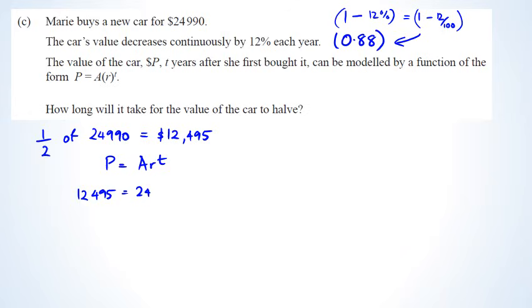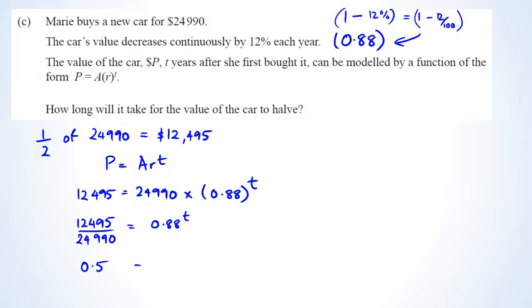A is 24,990 multiplied by the rate at which it's decreasing, which is 0.88, and t, which is unknown. So rearranging this, we've got 12,495 divided by 24,990 equals 0.88 to the power t. Really, we've got 0.5 equals 0.88 to the power of t.